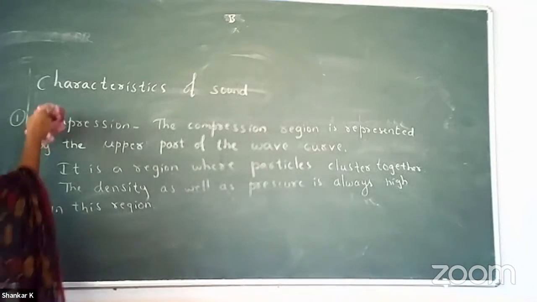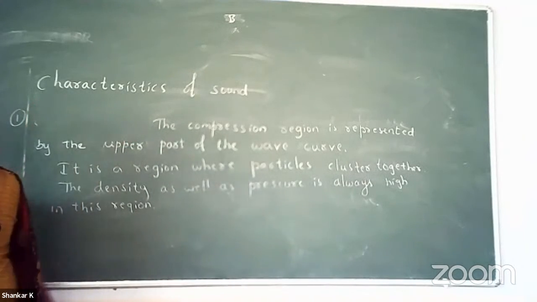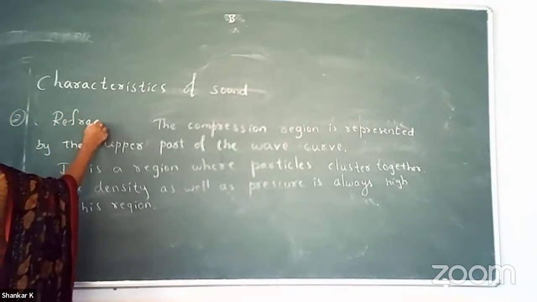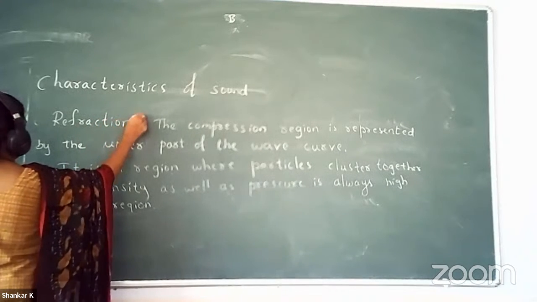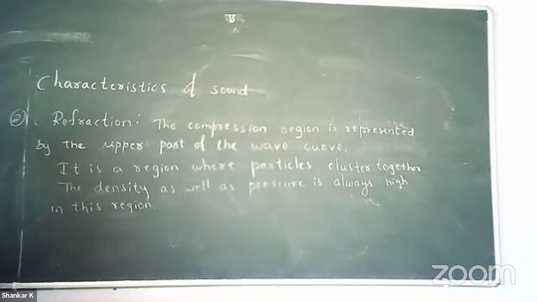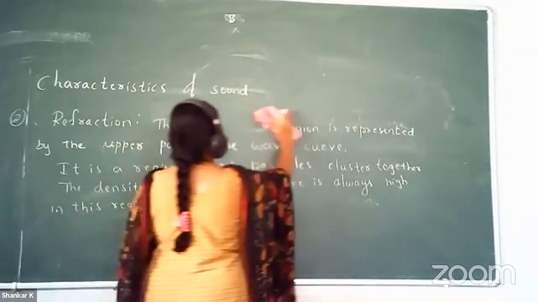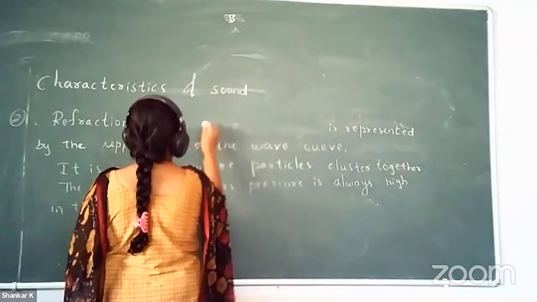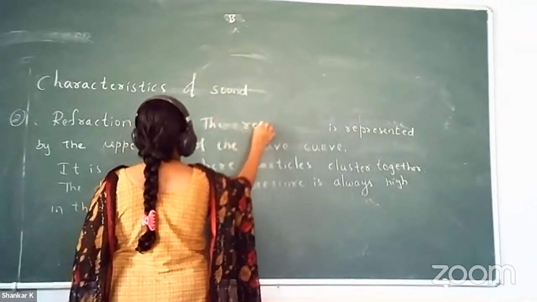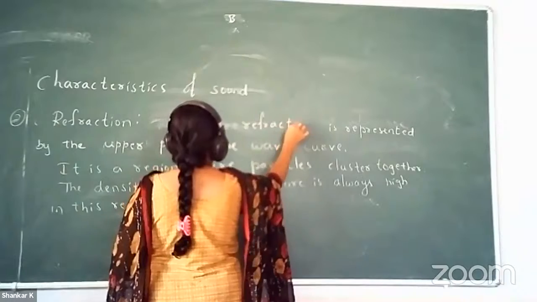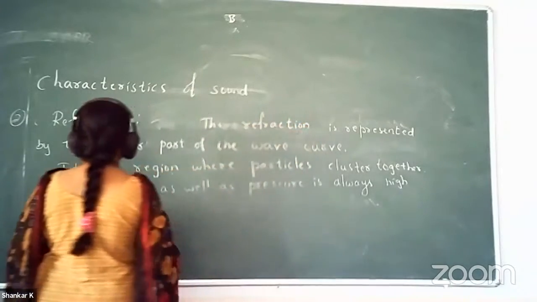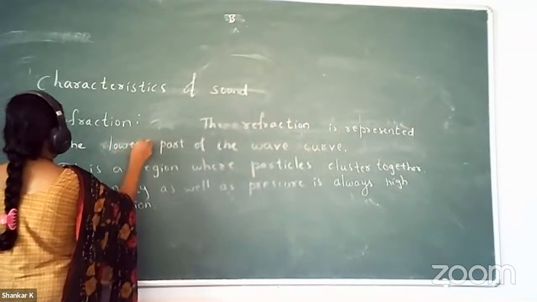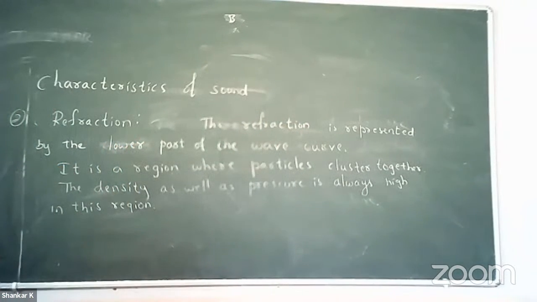So the next one is rarefaction. Second characteristic of sound is rarefaction. The rarefaction is represented by the lower part of the waveform.